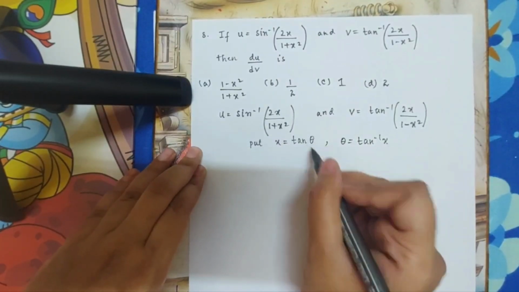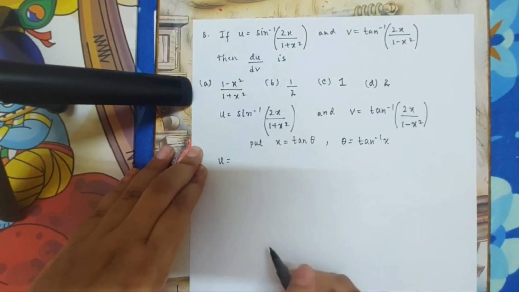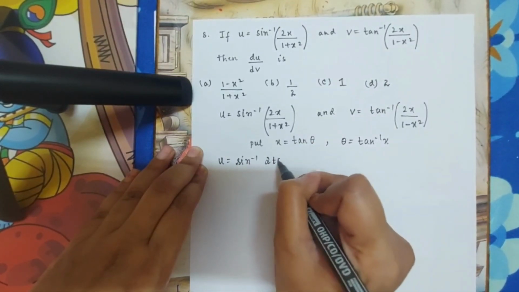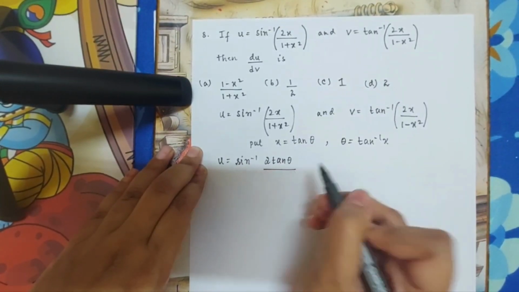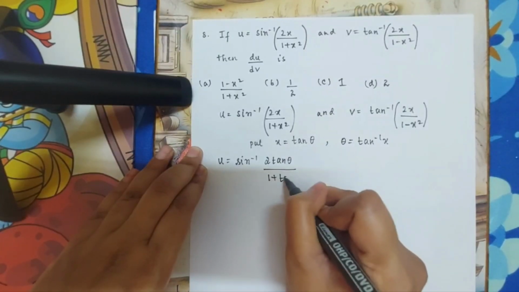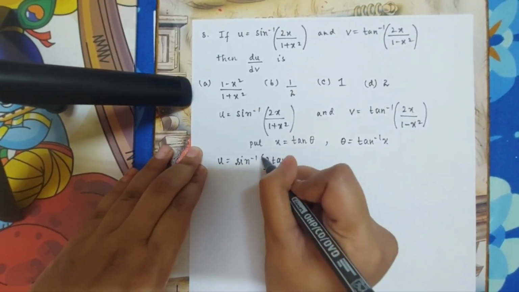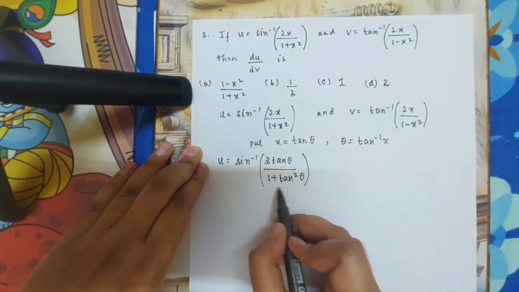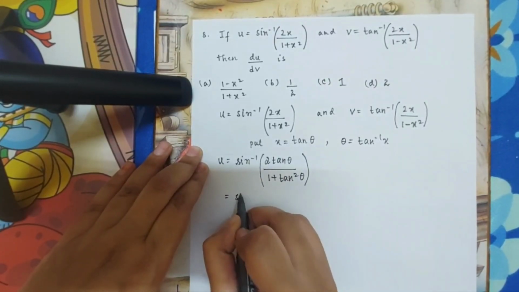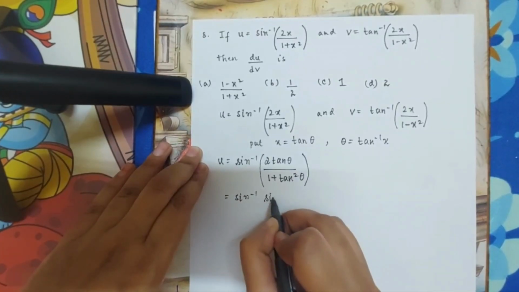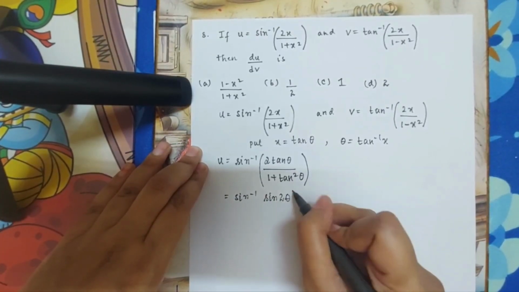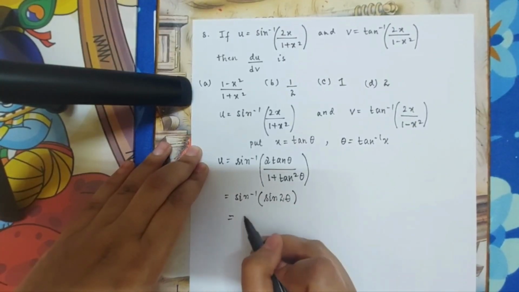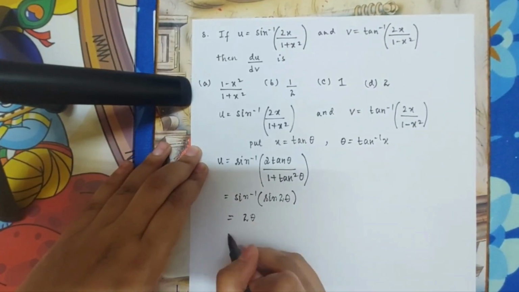So if I put x is equal to tan theta, our u will be reduced to sine inverse of 2 tan theta divided by 1 plus tan square theta. So we already know 2 tan theta divided by 1 plus tan square theta is sine 2 theta. Now sine inverse of sine 2 theta will give us 2 theta.